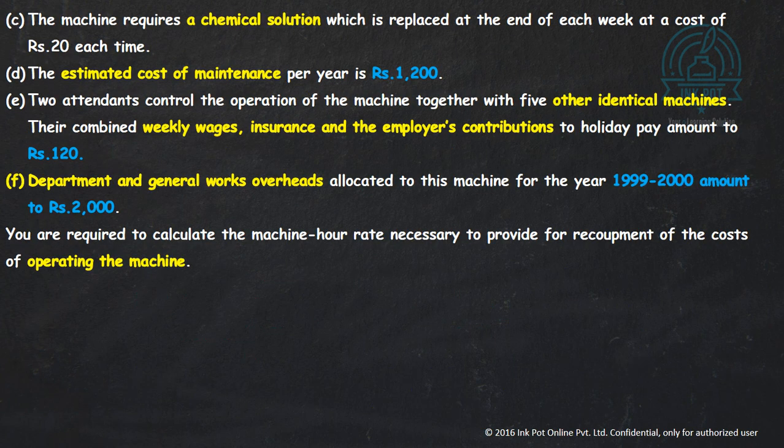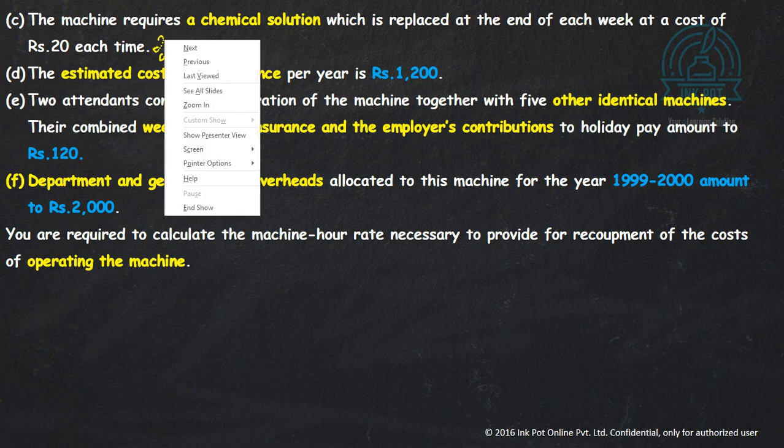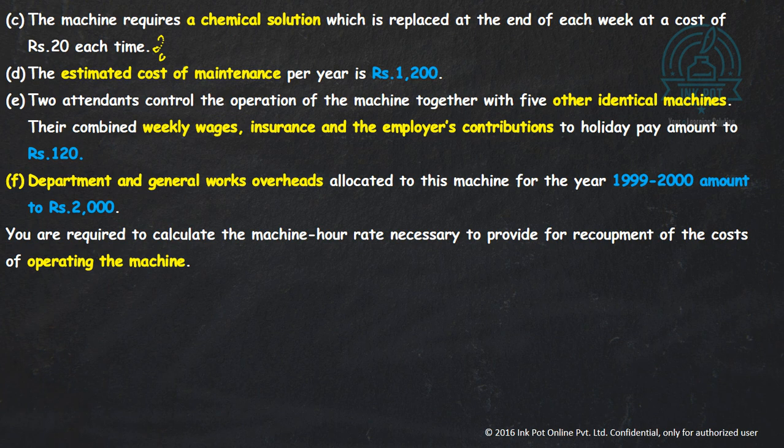Now the machine requires a special chemical solution which is replaced at the end of each week at a cost of 20 each time. So 20 is the cost per week.